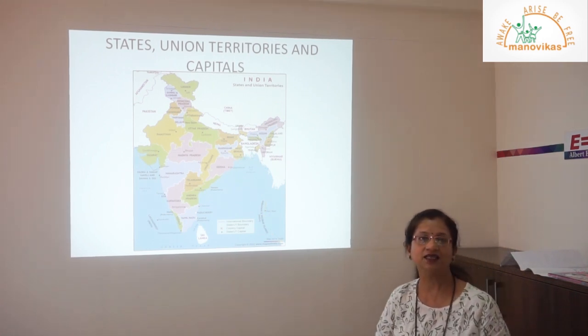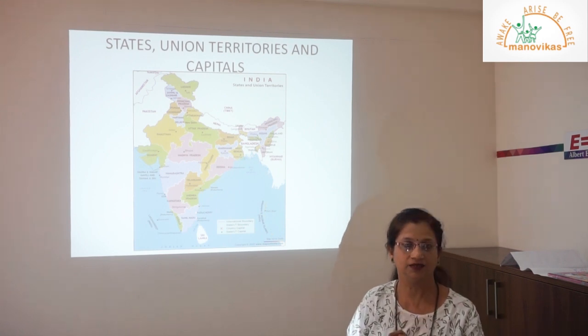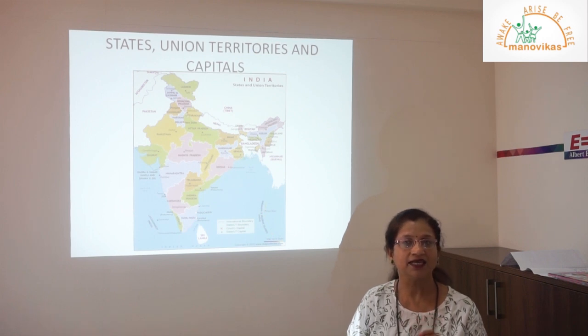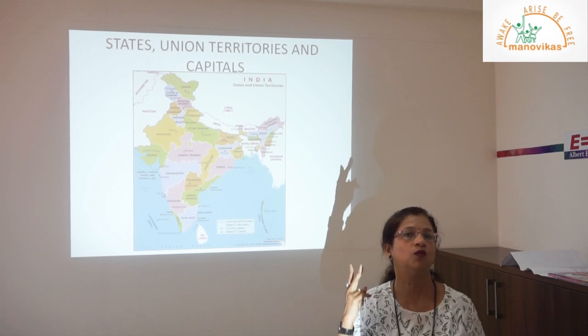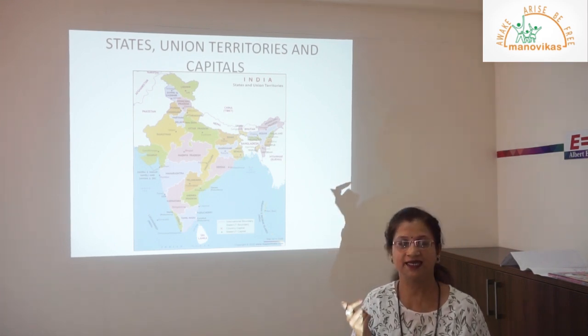Now India is the 7th largest country in the world. I think you all must be knowing this. But it is also the second most populated country in the world. First is China and second is India.